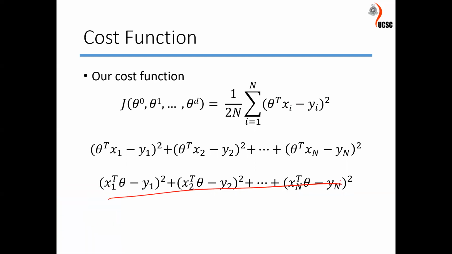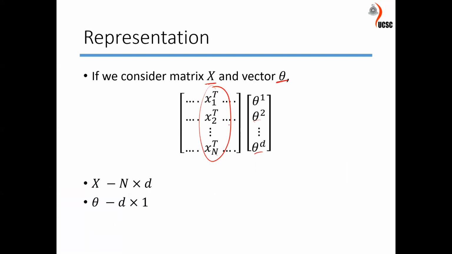Then we can simply come up with some equation. If you consider the matrix X, it has a number of rows and a number of columns. Here we start from 1, and here we have n: 1, 2, 3, 4, like that.